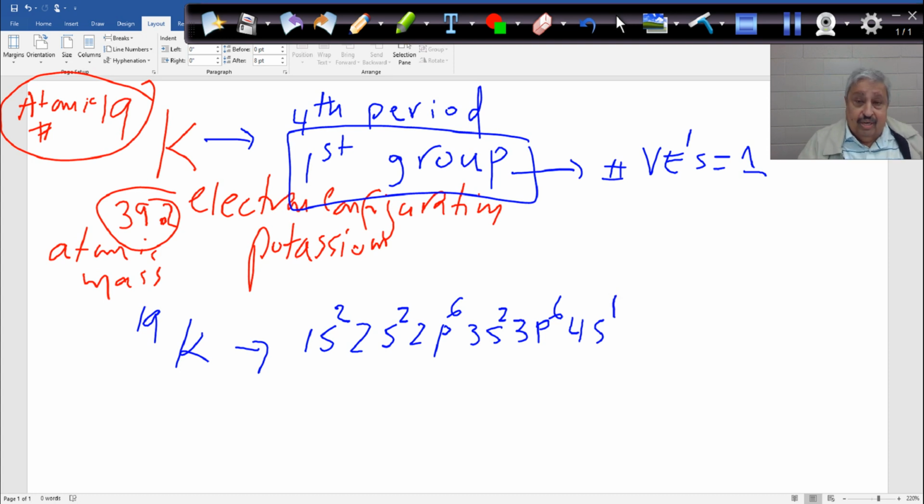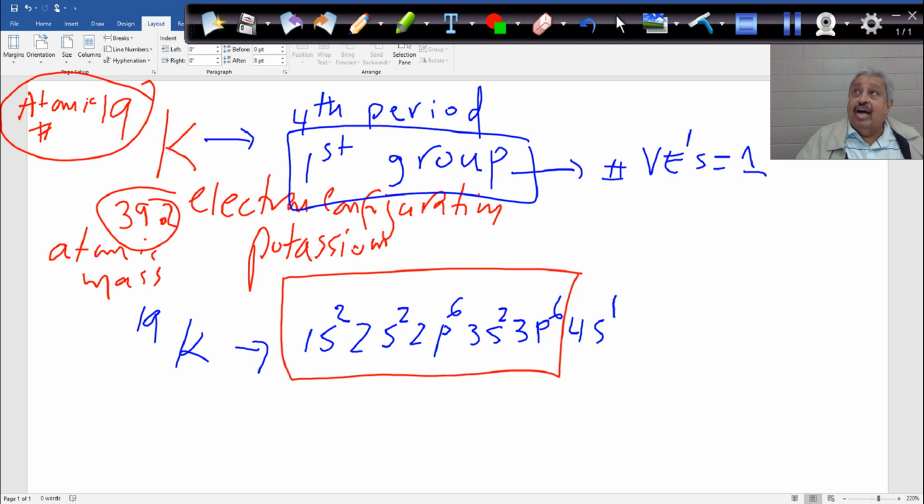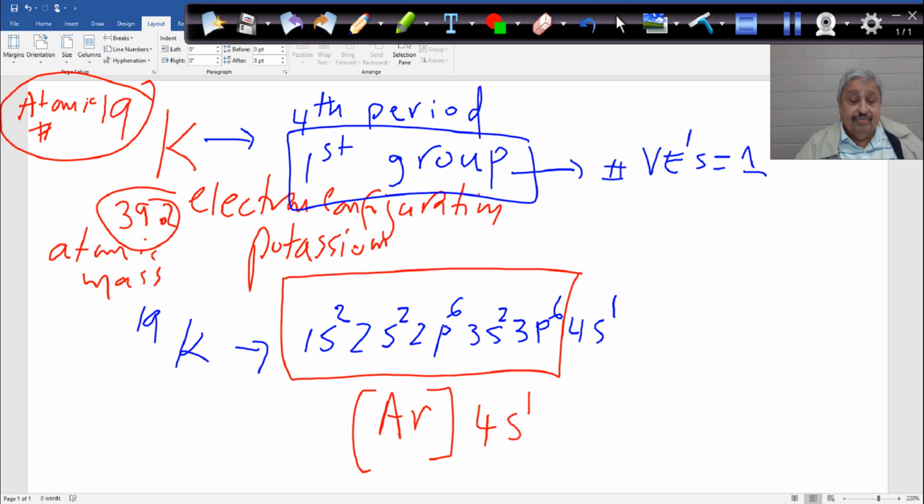If I look at the whole thing here, that's really the configuration of argon with 18 electrons and 4s1. I go from potassium to the end of period 4, krypton, then I go one up. This is argon, and 4s1.